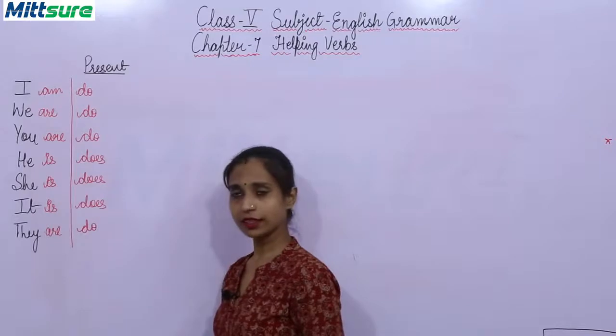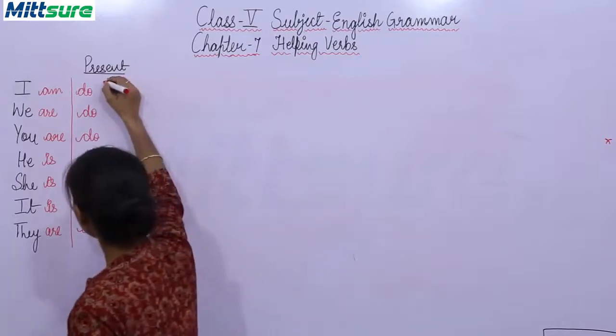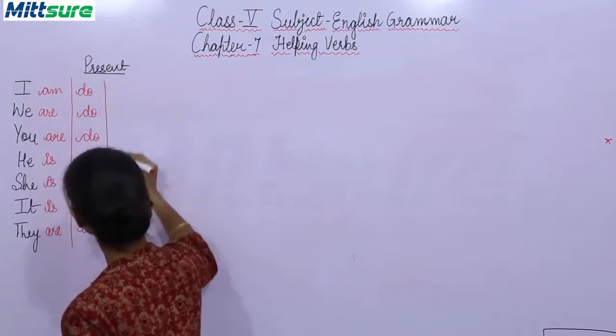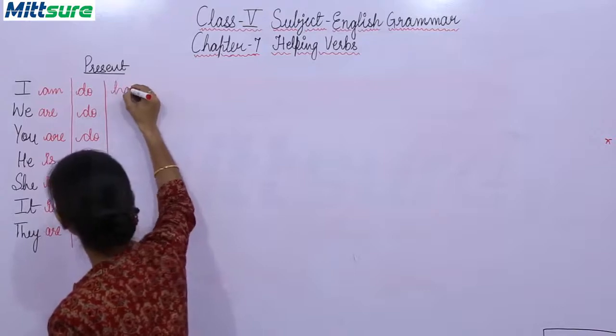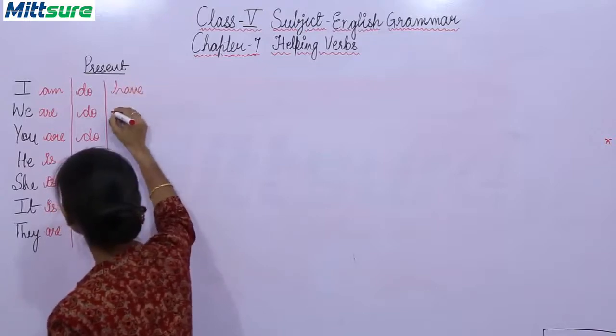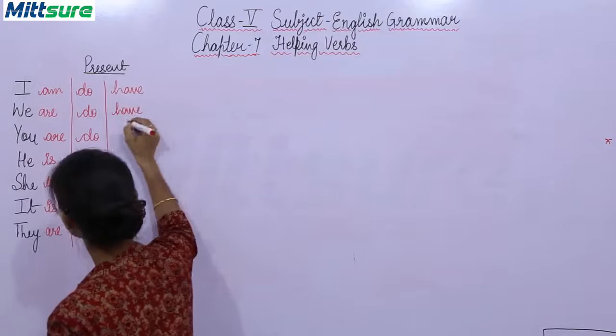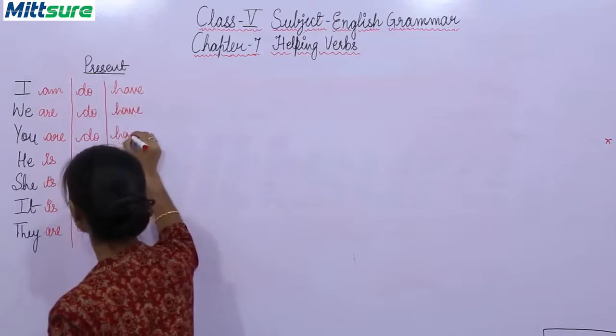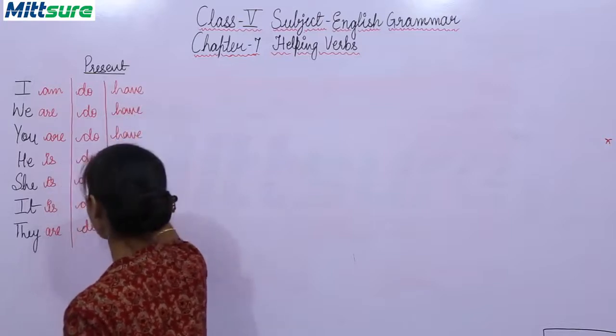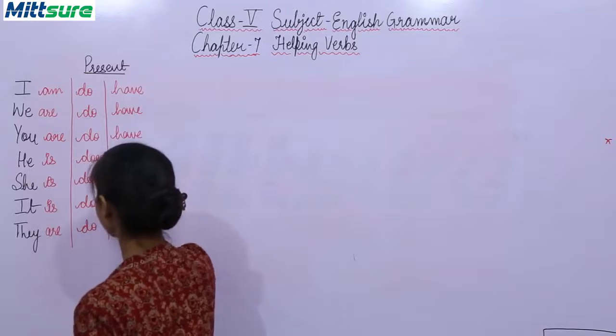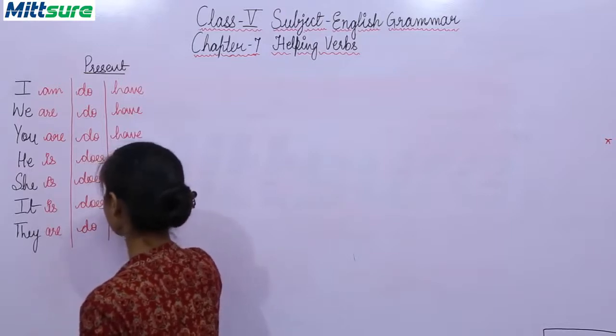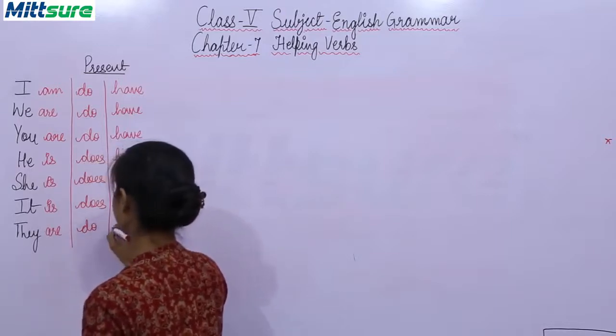This is what we have done. And for have form of verb, we use I have, we have, you have, he has, she has, it has, and they have.